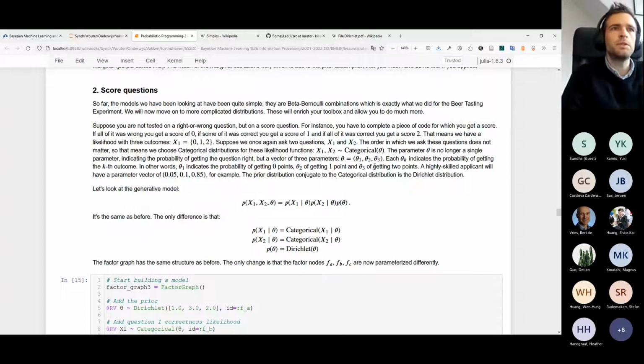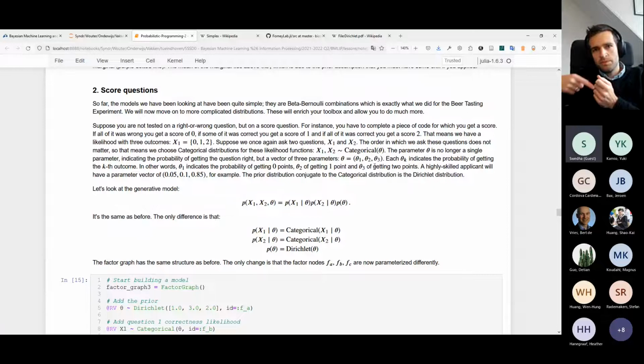the categorical distribution is basically a multivariate extension of the Bernoulli. So with some probability it will be option 1, and 1 minus that probability will not be option 1. Then we'll have another option: with some probability it will be option 2, and 1 minus that probability will not be option 2.